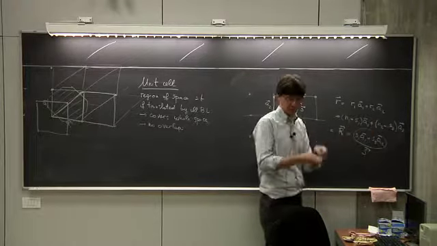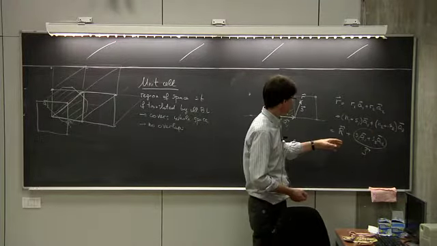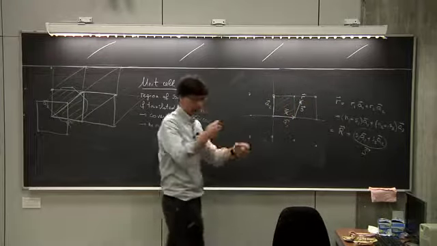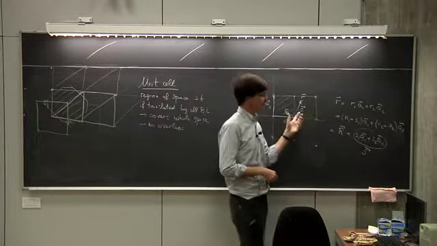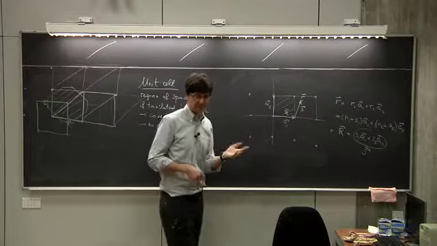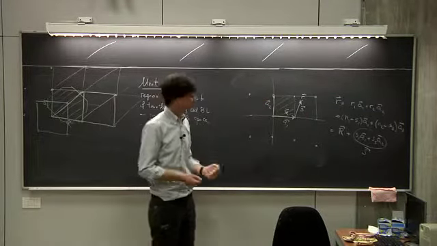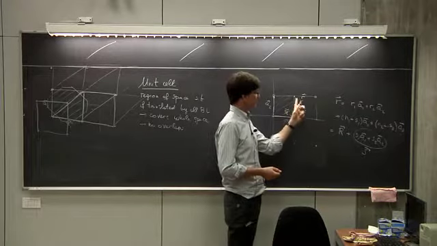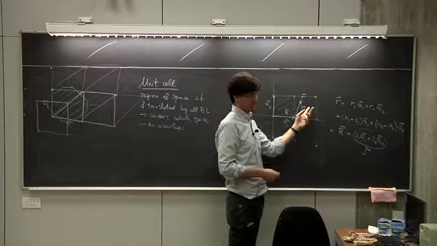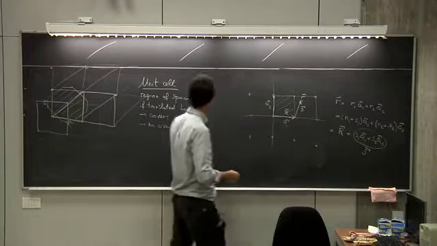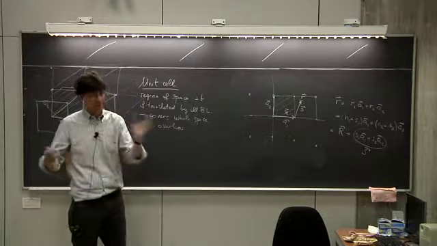Let me repeat it so that it's clear. Let me actually do the argument the other way. I just said that the unit cell covers the whole space if translated by an appropriate Bravais lattice vector. So if I have a point, it must belong to a translated unit cell, because the assumption of the unit cell is that if I translate it, I cover the whole space.